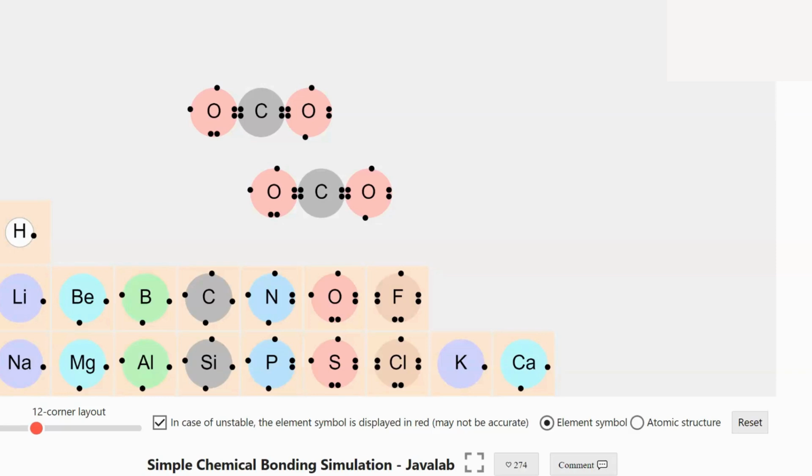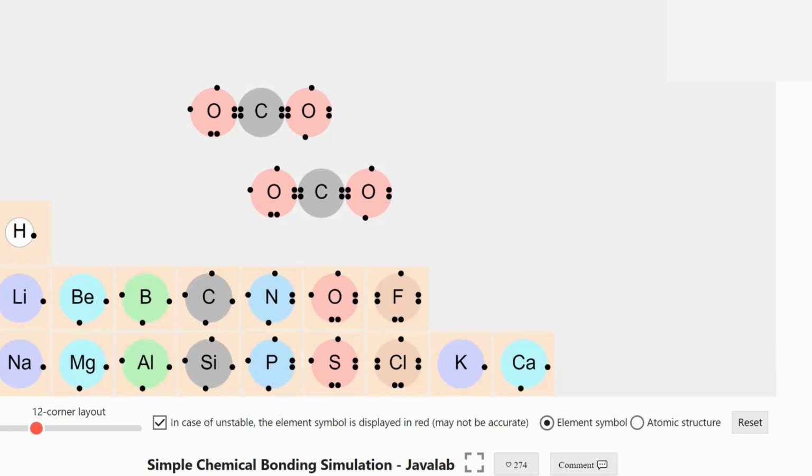The intramolecular force, which is the bond, is intact, right? So don't confuse it with the energy of the bond. When we melt and when we boil, it only affects the force between the molecules, the intermolecular force.